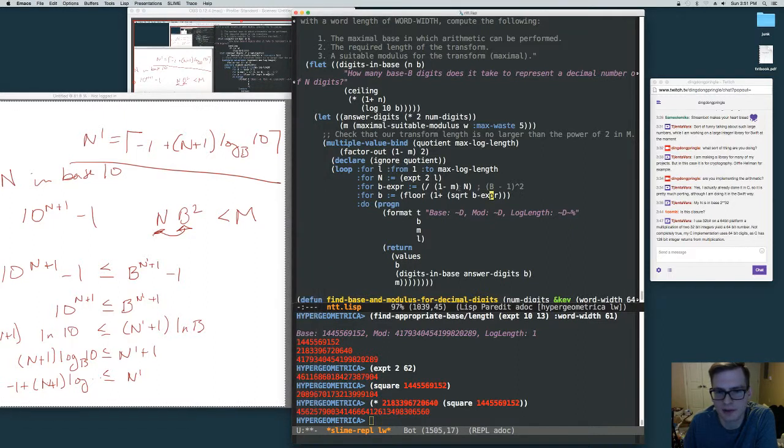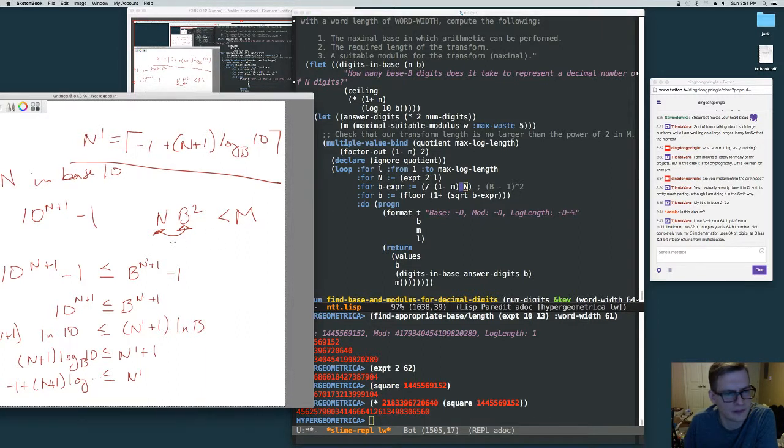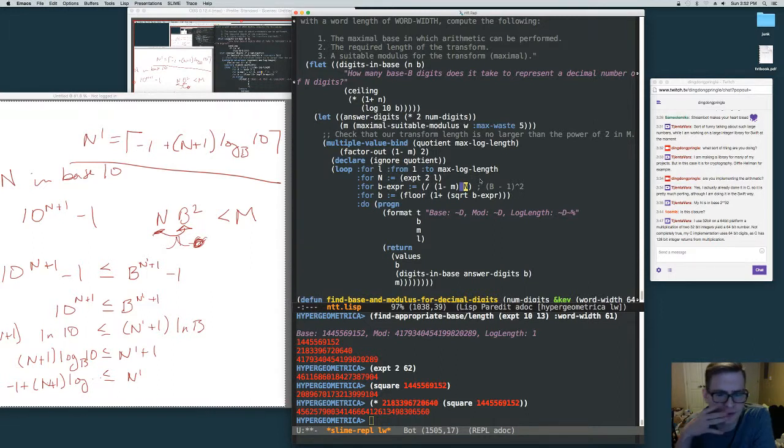I'm dividing by n incorrectly. Oh. I think something is incorrect here, because the modulus should be less than the product of everything.